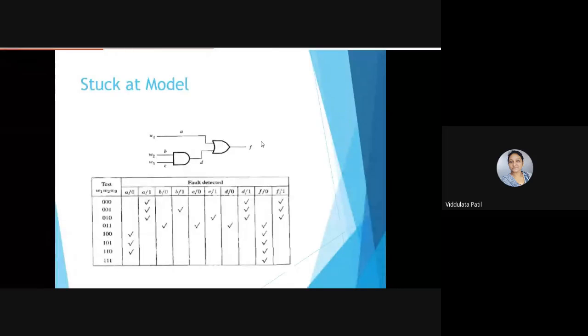That means it will produce a wrong result when B is stuck at 1. Similarly, it will result wrongly when D is stuck at 1 and F is stuck at 1. That means for this vector, we will get 4 faults detected. So these 4 faults can be detected with this one vector.